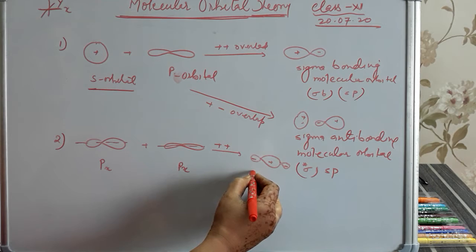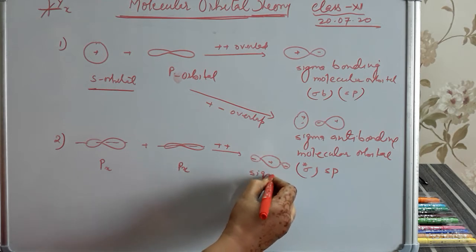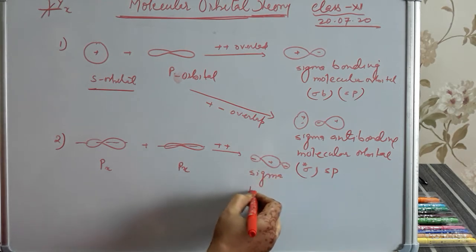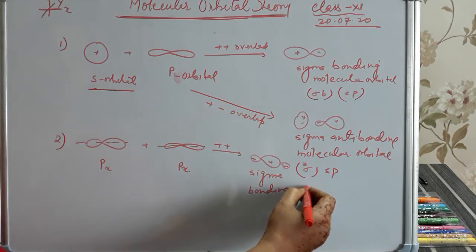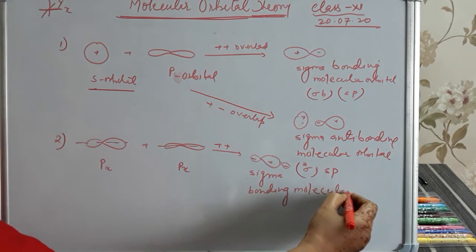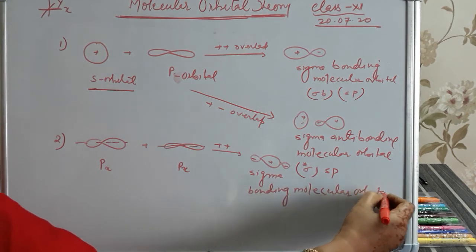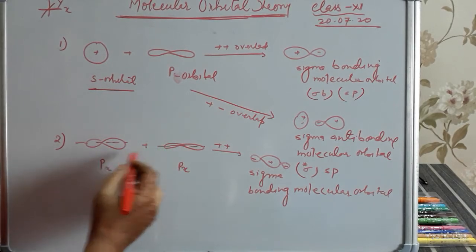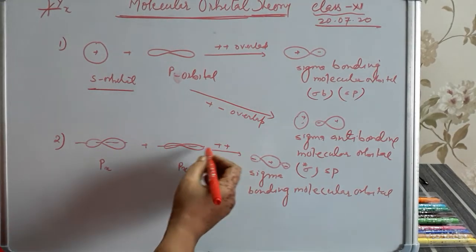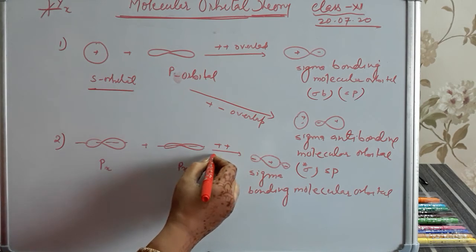It is called the sigma bonding molecular orbital. This type forms when two p atomic orbitals undergo plus plus overlap, that is addition overlap.